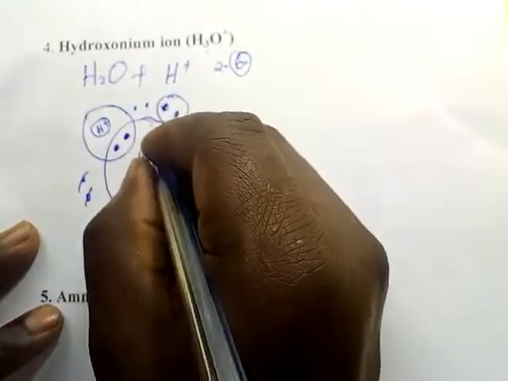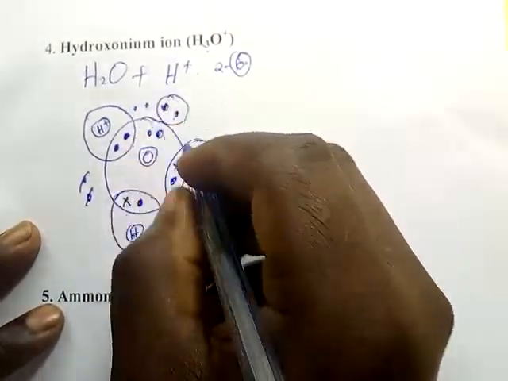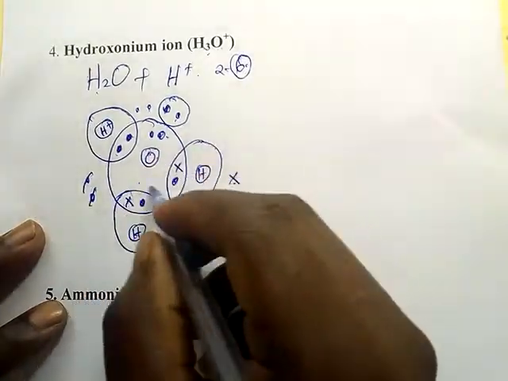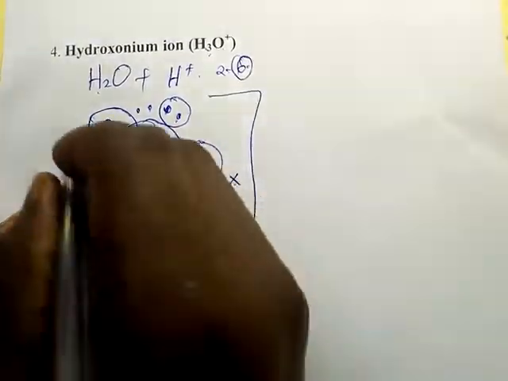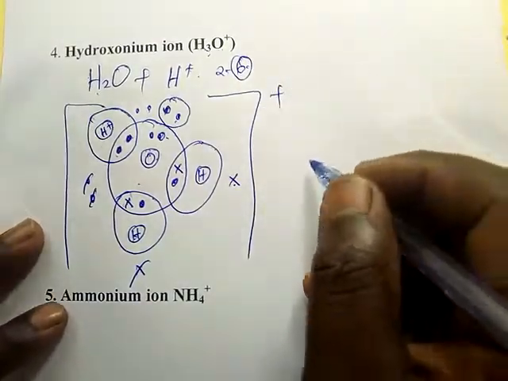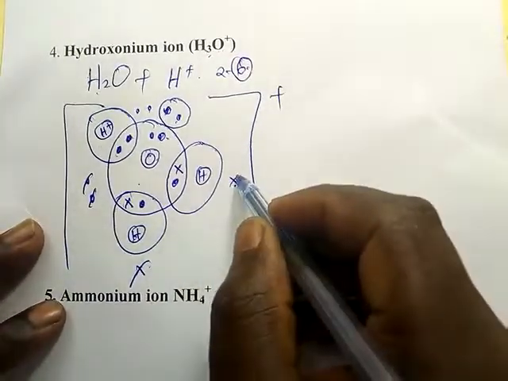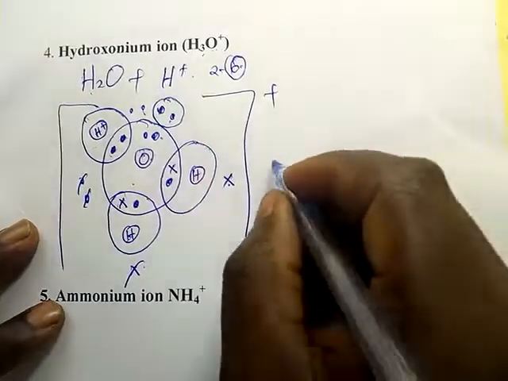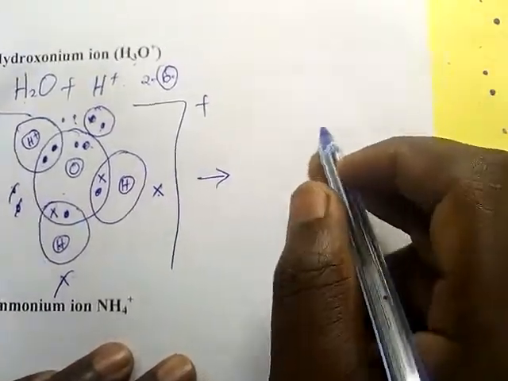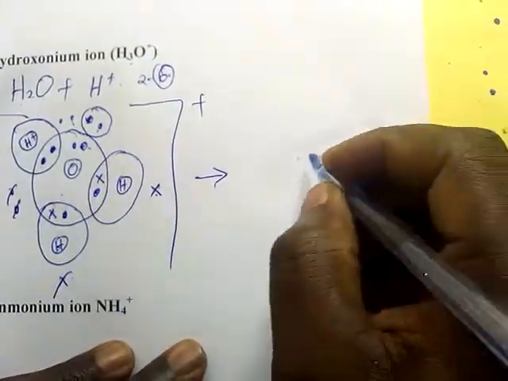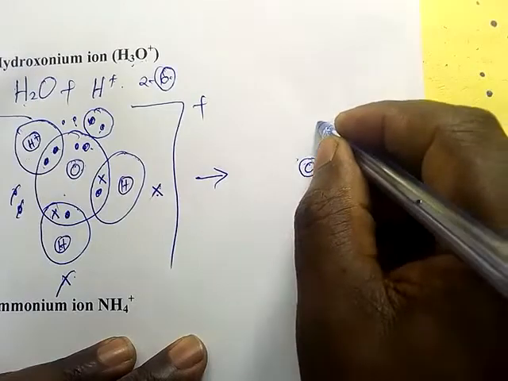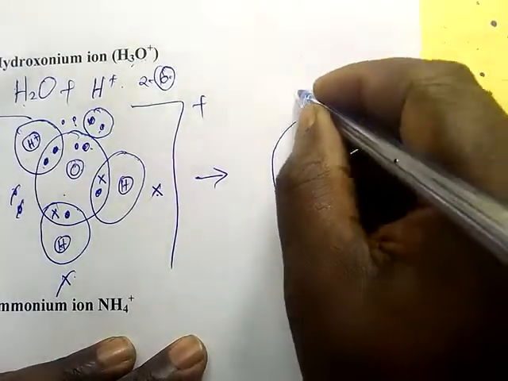Then we put the remaining one here. When you count now, 1, 2, 3, 4, 5, 6, 7, 8, oxygen is stable, and all the hydrogens are stable. Because it is an ion, we put a positive there to say that it is an ion. We don't want to see these dots, so you need to draw it very clean here. Make sure it is very clean.